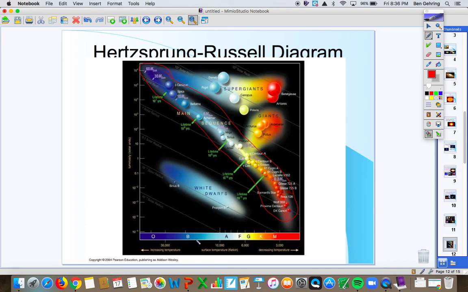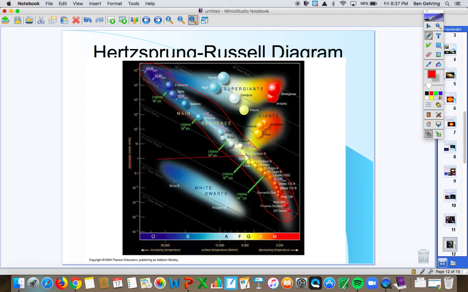So this is the temperature of the star here, with the hottest being blue, your coolest being red. Stars found above that are known as supergiants or giants, and then below that we have our white dwarfs. So this compares your temperature of the star with the luminosity or the light emitted by the star, and that's how we place them on this diagram.